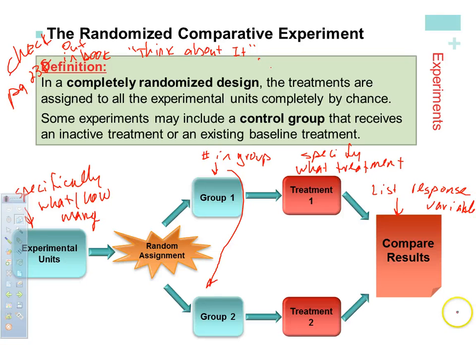Okay. Now, in this design, which will help save yourself a lot of writing, there is this random assignment. And so this design by itself, this diagram by itself is not enough. We need to come down here and write out how you're going to randomly assign. Okay? And that's what we've done before.